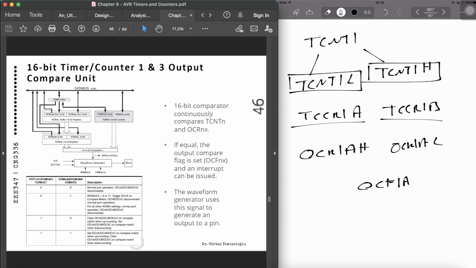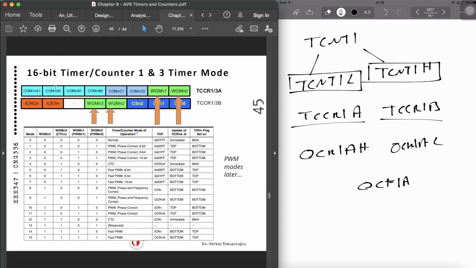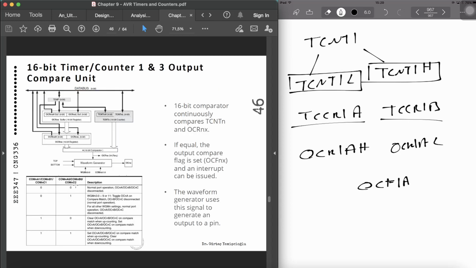From the TCCR, as you can see, we have the COM bits for pin operation. 00 is normal port operation, 01 is toggle on the OCN pin, 10 is clearing, and 11 is setting those pins. So set to 0, set to 1, and toggle 0 to 1, 1 to 0. They're both acceptable.